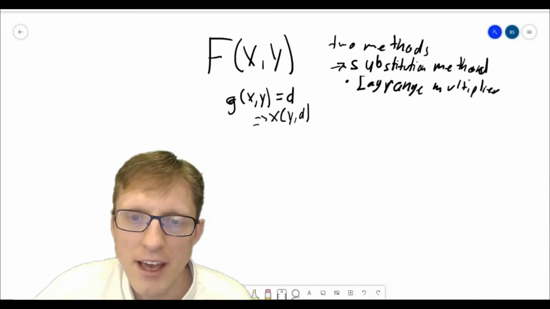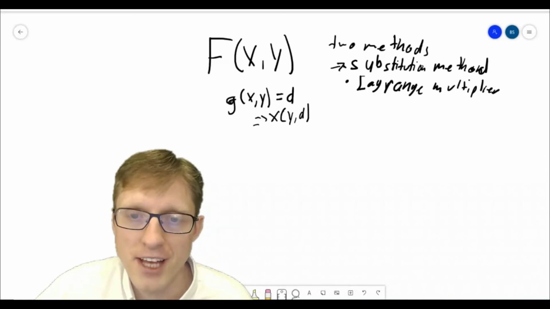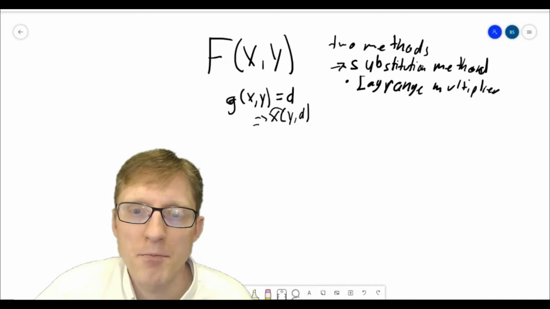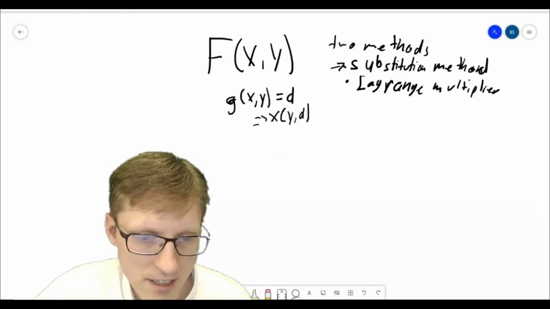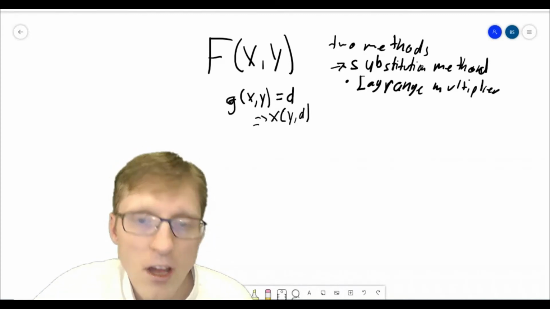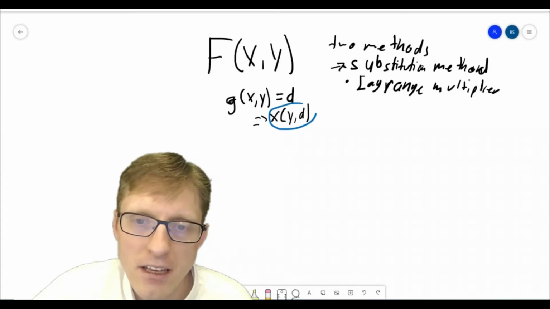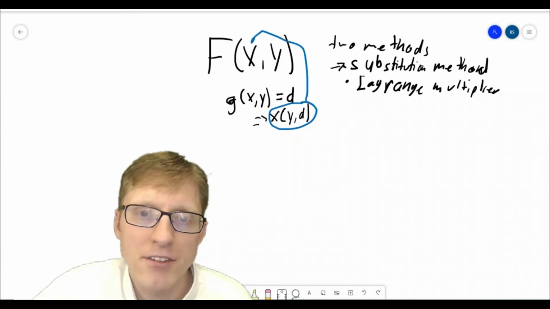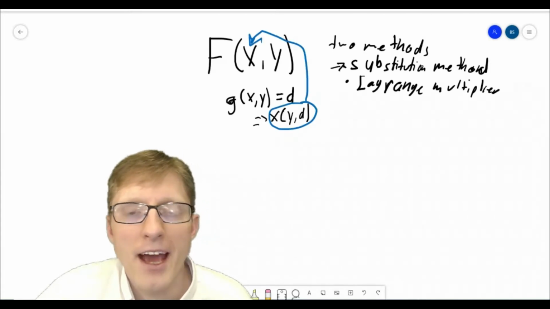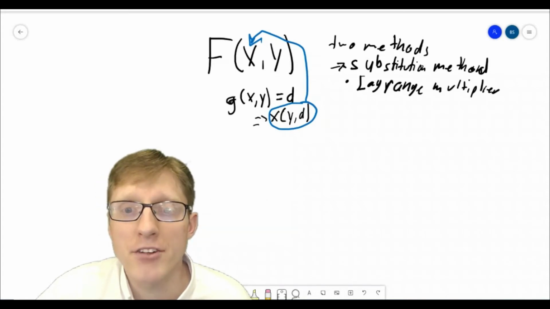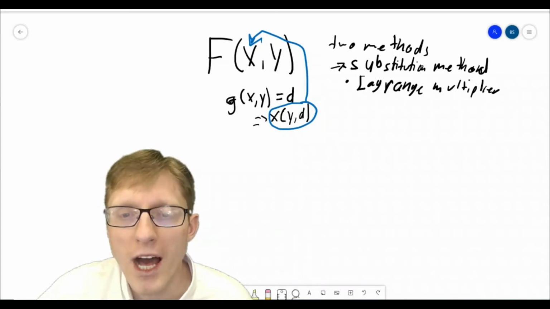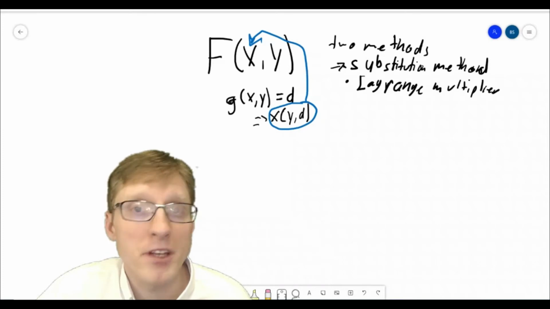So x is some function of y and d such that the constraint exactly holds. And then we're going to plug that in for x into this equation. And now we have this initial equation in terms of only one variable, y. And so we can solve it as usual.